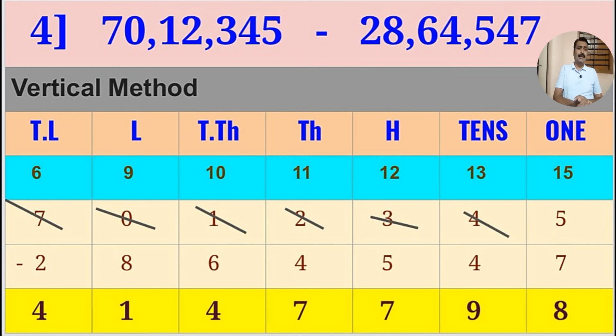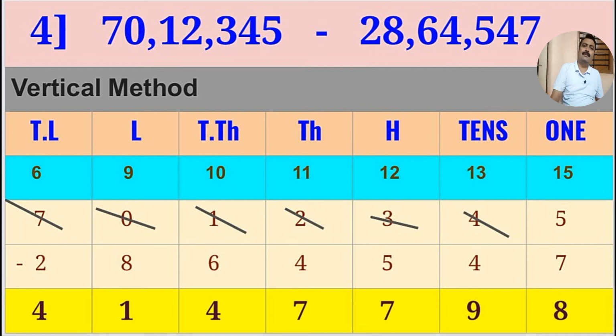Now we arrange the first number 70,12,345 in opposite way starting from 5. So 5 in ones column, 4 in tens column, 3 in hundreds column, 2 in thousands column, 1 in 10,000s column, 0 in lakh place column, and 7 in 10 lakh place column.